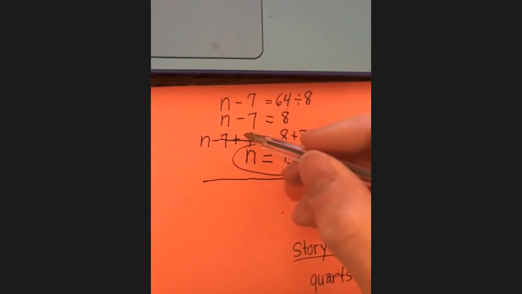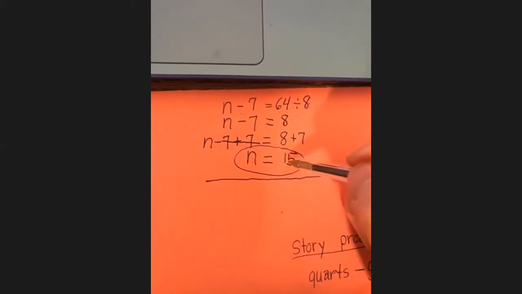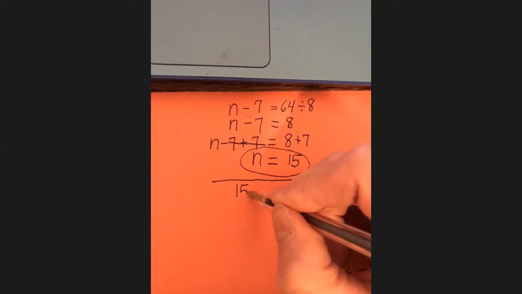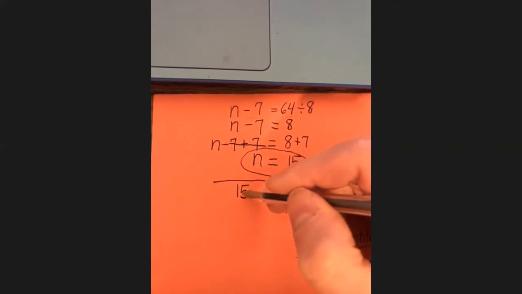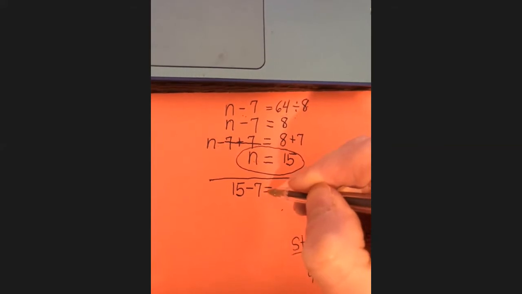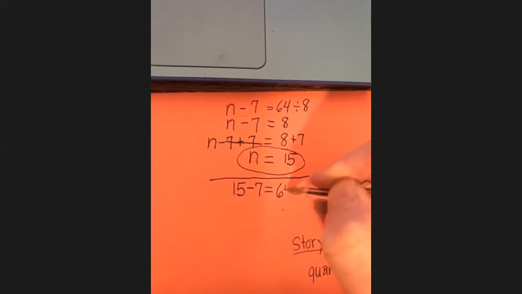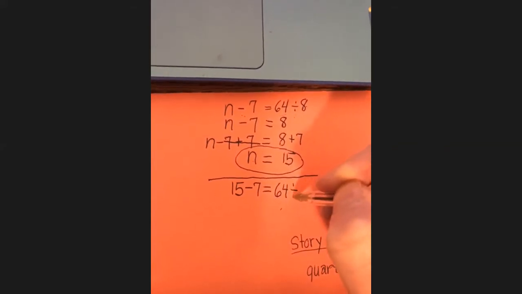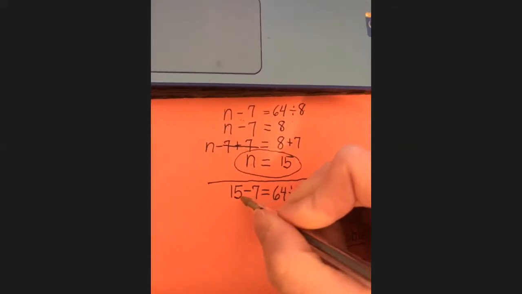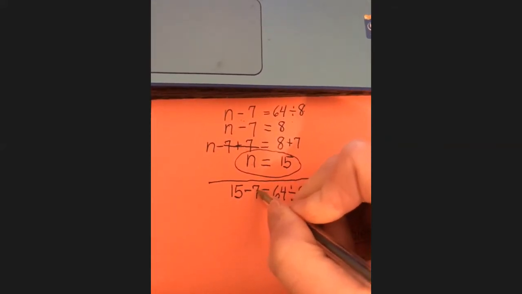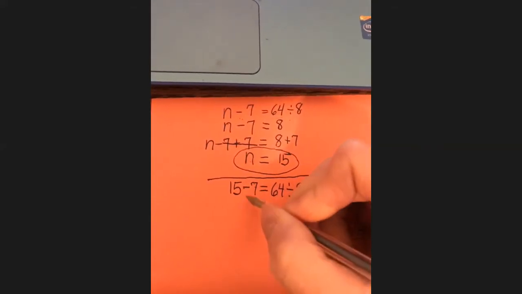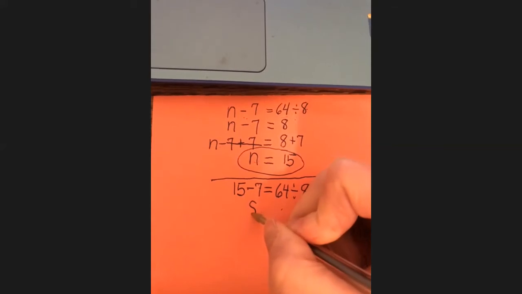So n minus 7, if n is 15, I'm going to plug in 15 for my n to see if that's true. 15 minus 7 equals 64 divided by 8. 15 minus 7 is what plus 7 equals 15? 8. Then 15 minus 7 must be 8.